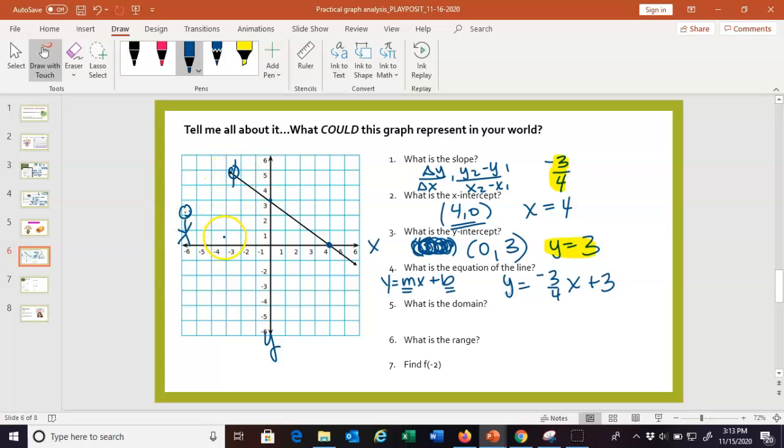And that's technically correct. But it's not just going to be -3, right? Because this line goes on forever. There's an arrow on the end of it. So that means it goes on forever towards the left and forever towards the right. So when things go on forever and ever, we say it's from -infinity to +infinity.